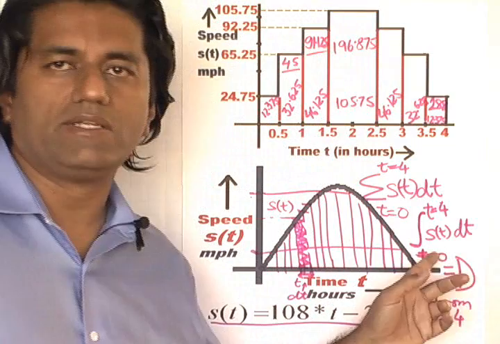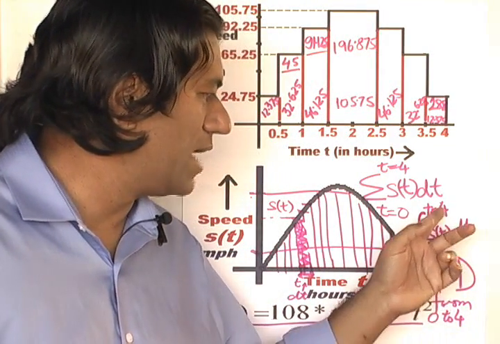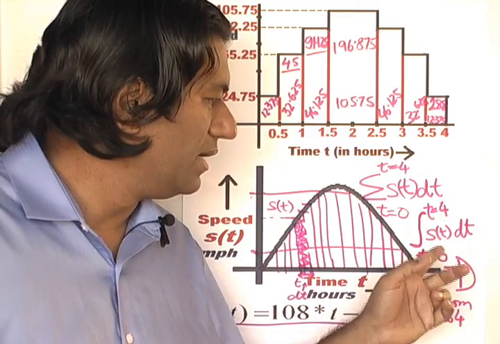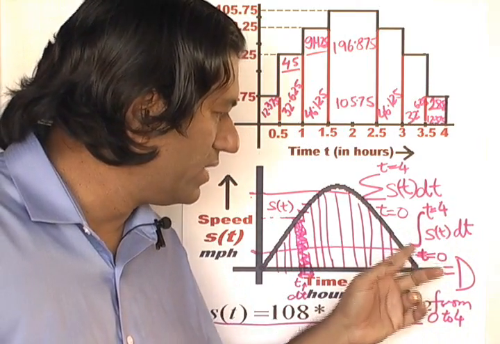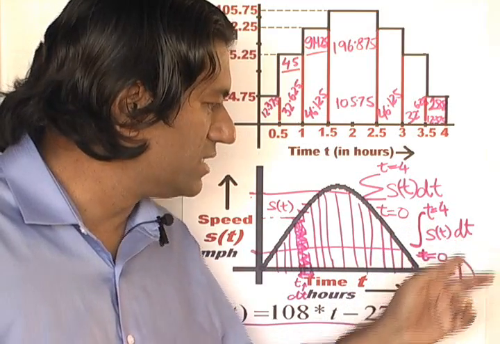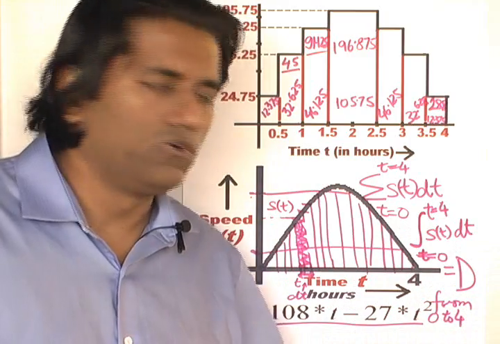So that's the integral calculus representation. Distance traveled from time 0 to time 4 is this integral sign, t equal to 0 to 4, st dt, and that is actually the distance traveled from 0 to 4.